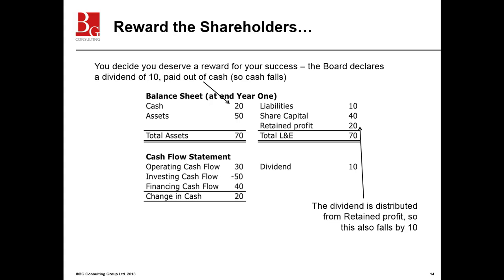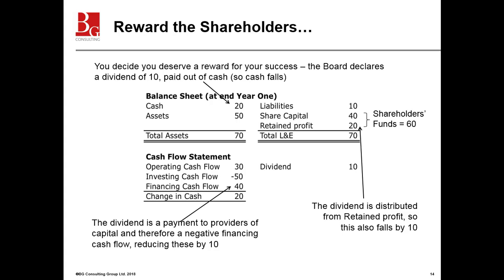Because the dividend is effectively a payout of the profit earned by the company. The dividend is also recorded in the cash flow statement as a payment to equity shareholders. It's part of financing cash flows. It's an outflow, and so the financing cash flow is reduced by 10. And you can see the net change in cash has reduced to 20.